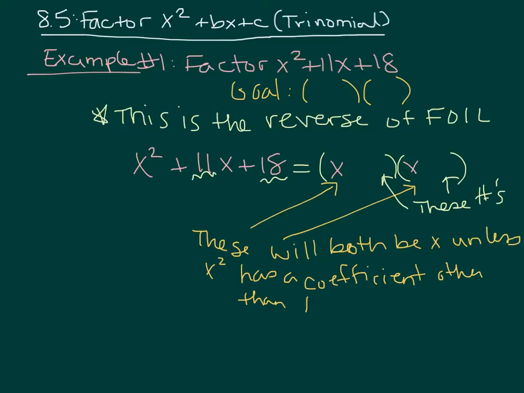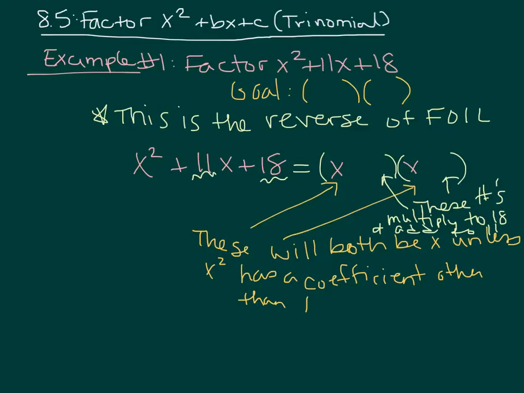So in this case, our constant term is 18, so these numbers are going to multiply to 18. The other thing is they need to add to whatever the coefficient of our x term is. So in this case, they are going to add to 11.